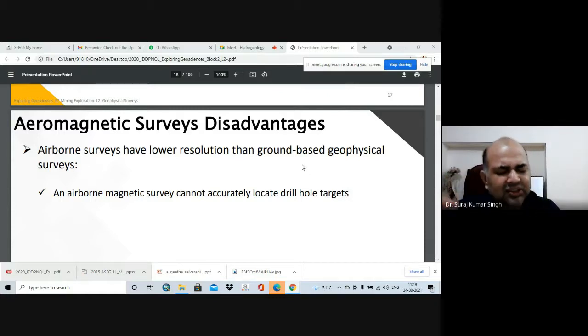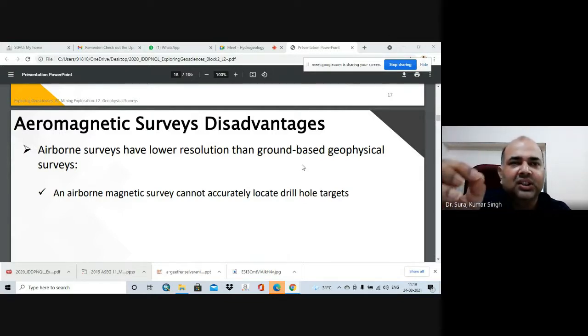each and every method has its advantage, and each and every method has its disadvantage. The disadvantage of airborne survey is this: if I go for the free satellites that are available for remote sensing data sets, the highest resolution that is free of cost is 10 meters.